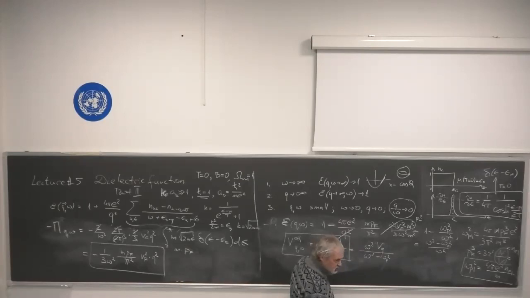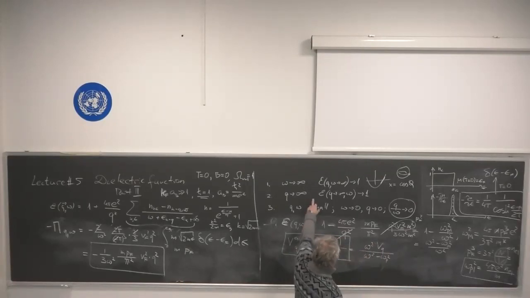This is one of the definitions of the dielectric function. You remember, this is associated with the response of rho external to rho external and rho induced. So it's rho external divided by rho total, but this is actually the physical implementation of the definition of the dielectric function. So my effective interaction is equal to the bare interaction divided by the dielectric function.